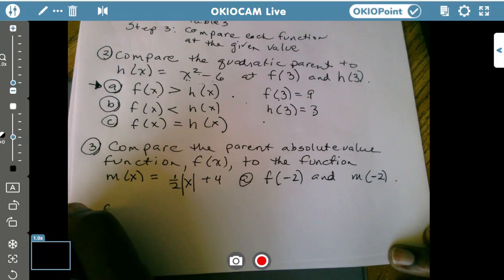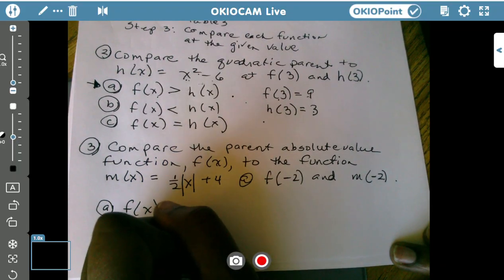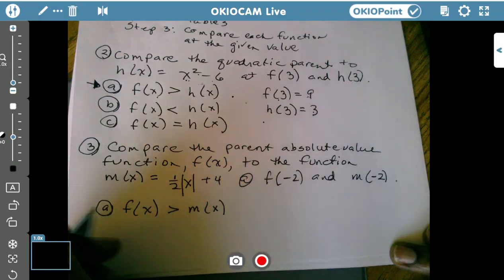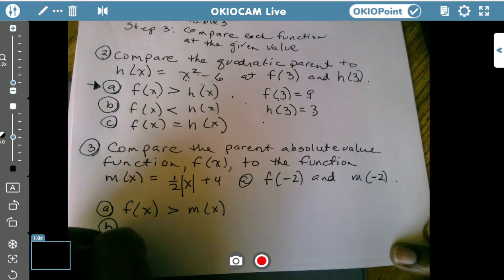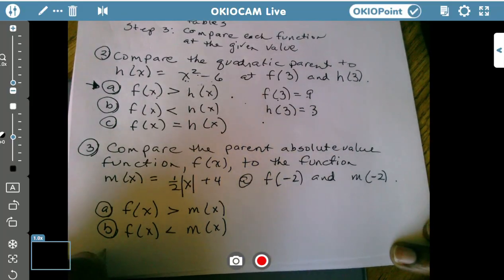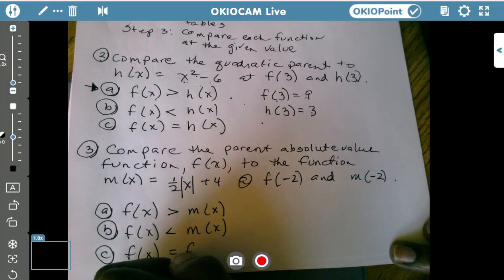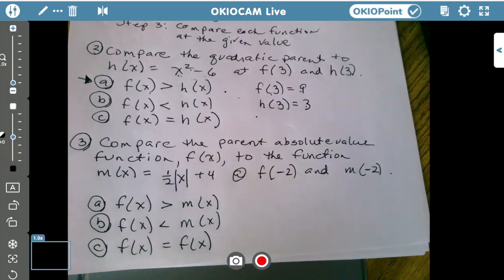Alright, so then we want to know, is f of x greater than m of x, is f of x less than m of x, or is f of x equal to m of x? Alright, let's go to Desmos.